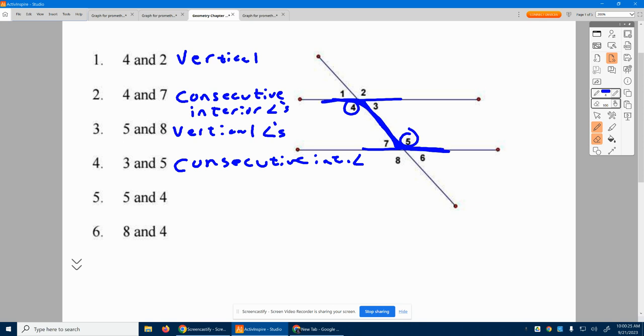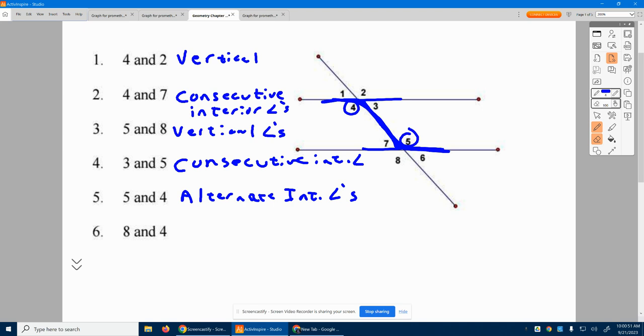Now, that's just what Cecil calls them. I call them Z-Meisters. That's not their technical name. Their technical name, because they're on alternate sides, is alternate interior angles, alternate interior angles.